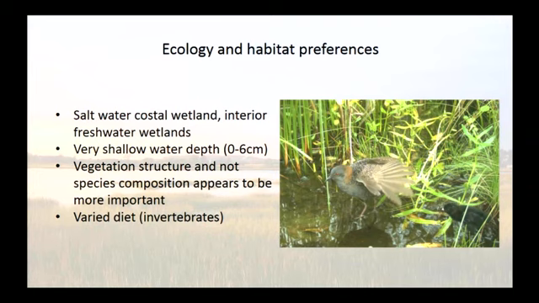And so they like to have these very shallowly flooded wetlands where they build nests in the reeds, and then they forage throughout them. The vegetation structure is what's important to these animals, not necessarily the vegetation community, which is why they can also live in freshwater and saltwater. It doesn't matter what kind of plants are there as long as the structure is correct. And they have a very varied diet of basically invertebrates that they find in these marshes.